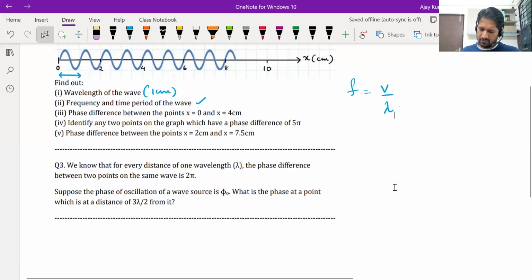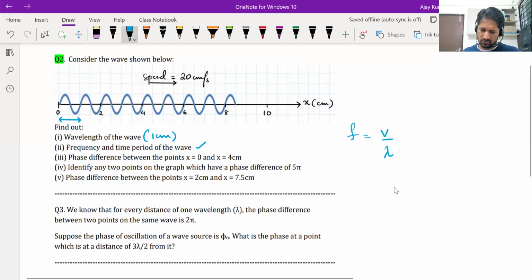Next, phase difference between the points x equal to 0 and x equal to 4 centimeters. Look at the diagram and tell me quickly, what is the phase difference between this point and this point?